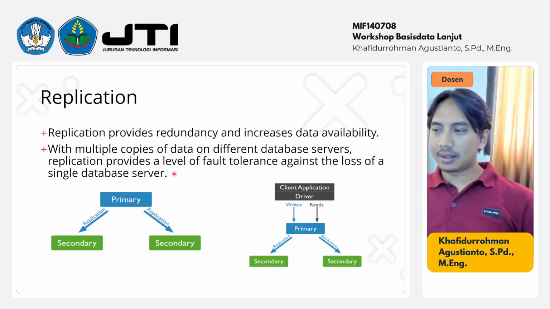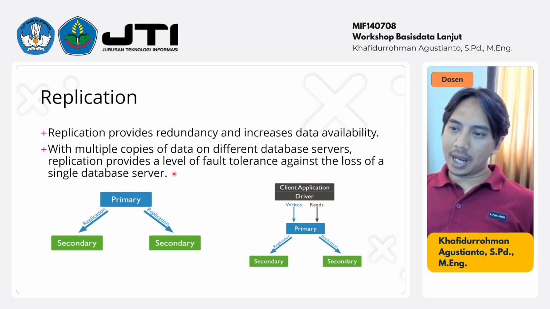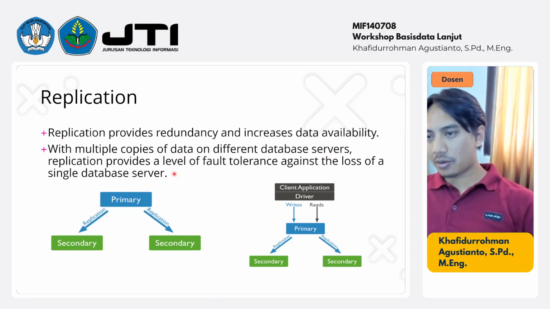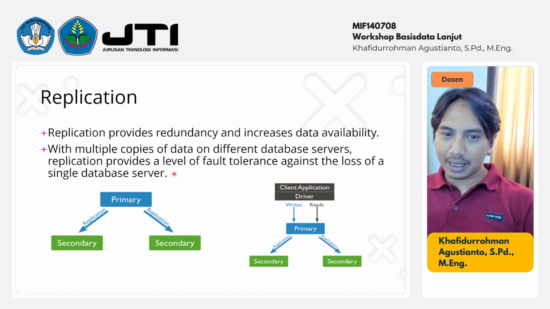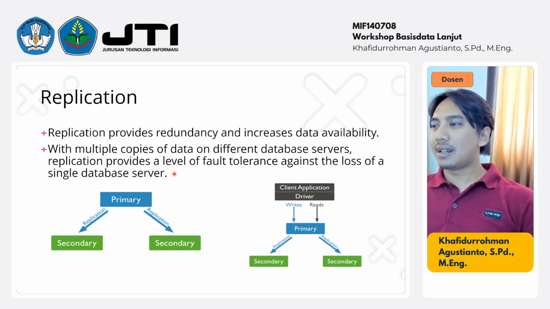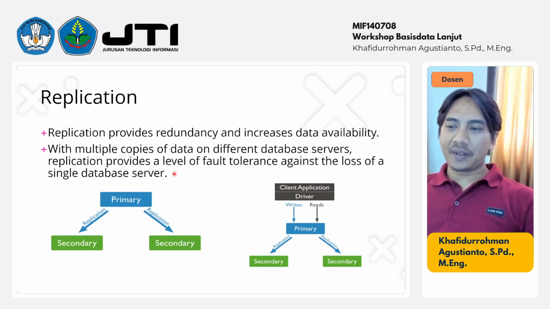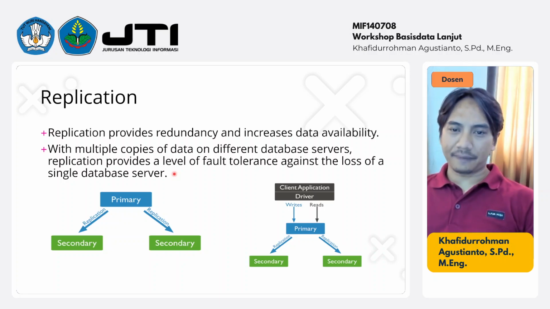Then this is replication. Replication provides redundancy and increases data availability. When you learn about the transactional database, you should avoid redundancy, but in this course you should have redundancy, aiming to increase data availability. With multiple copies of data on different database servers, replication provides a level of fault tolerance against the loss of a single database server.